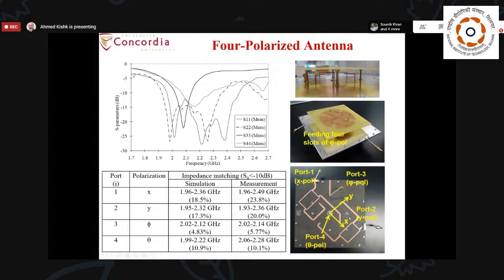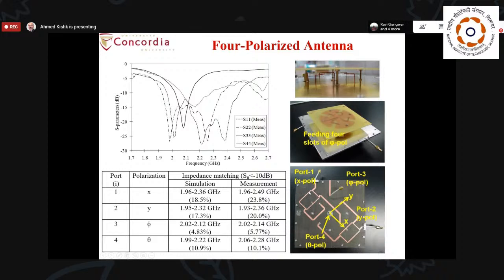And when you look at the feeding network that can do all of that, here it is. Here is port 1 for the X polarization of the broadside radiation, and this is port 2 for the Y polarization, and we provide the differential feeding.